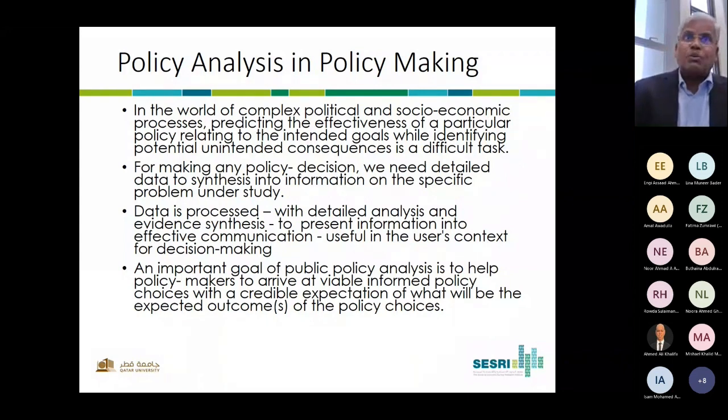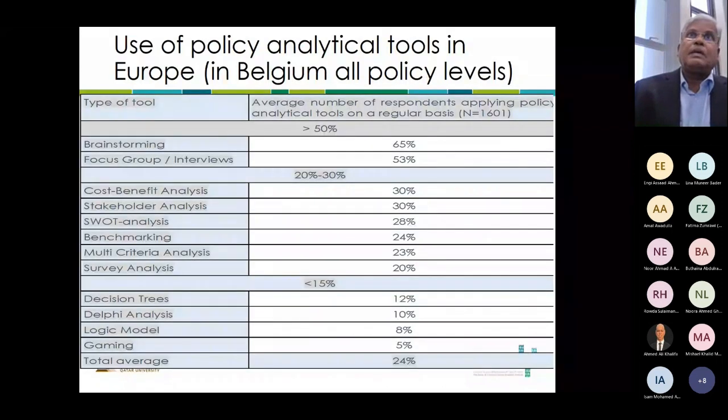Therefore, an important goal of public policy analysis is to help policymakers arrive at viable, informed policy choices with credible expectations of the outcomes of those choices. So policy analysis plays a very crucial role in policy making.